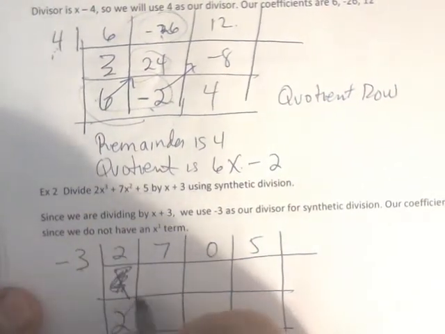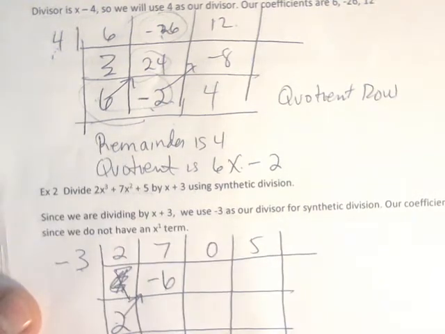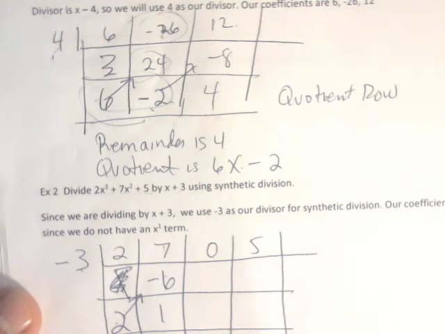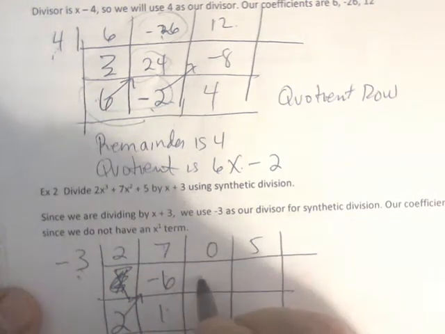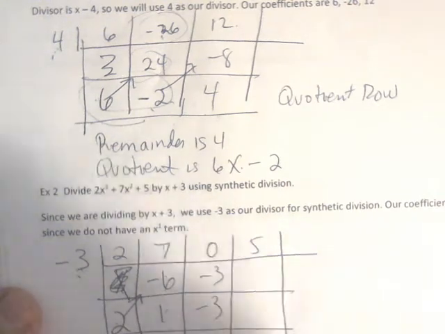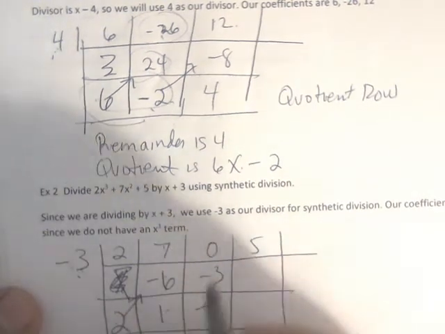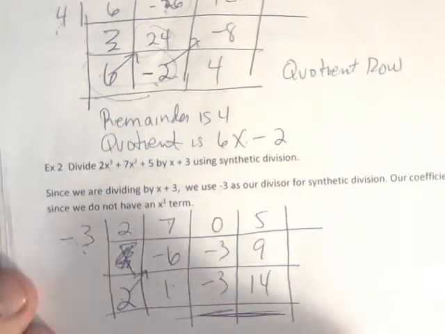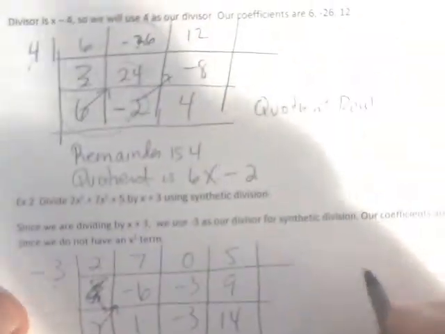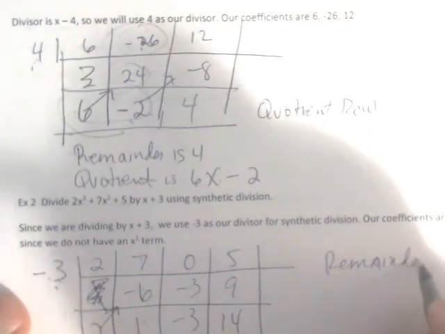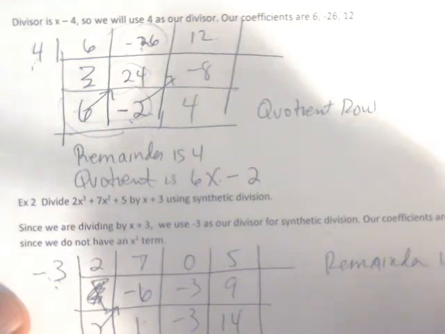So -3 times 2 is -6. 7 minus 6 is 1. -3 times 1 is -3. I've got -3 and 0, so it's just -3. -3 times -3 is 9. 9 plus 5 is 14. So my remainder is 14.